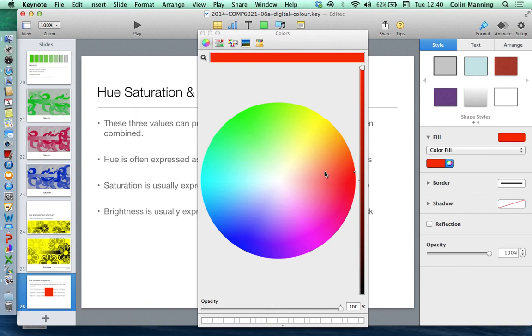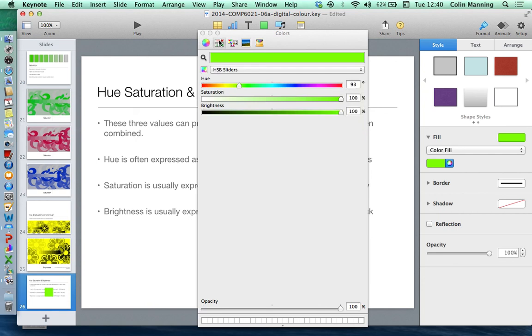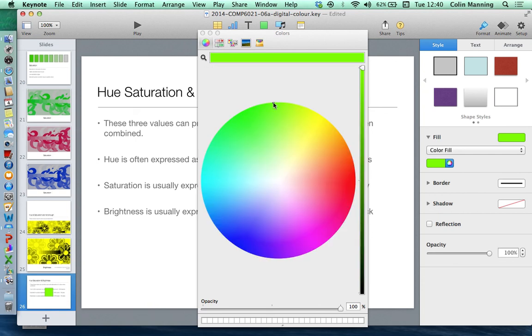As we go up here, we'll be up to about 90 degrees, which would be green. Let me just see if that's correct. Yeah, 90-ish. Here then we'd be at 180 degrees-ish. Come on. Here we go.